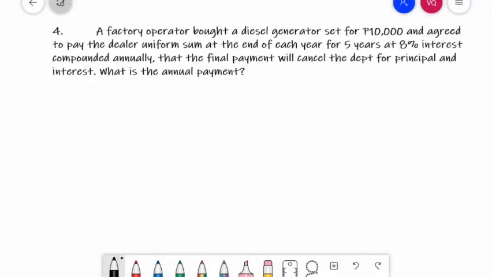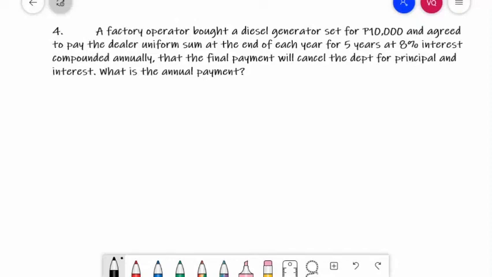So, number 4, a factory operator bought a diesel generator set for 10,000 pesos and agreed to pay the dealer a uniform sum at the end of each year for 5 years at 8% interest compounded annually. That the final payment will cancel the debt for principal and interest. What is the annual payment?